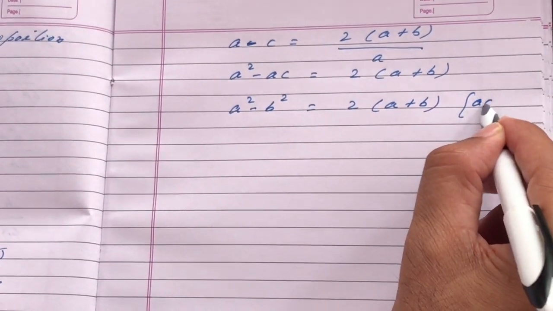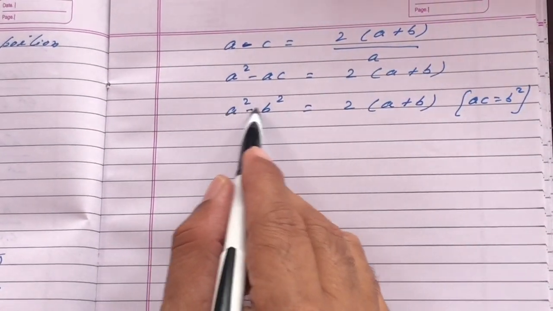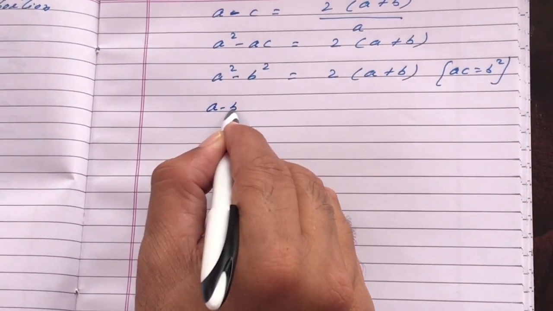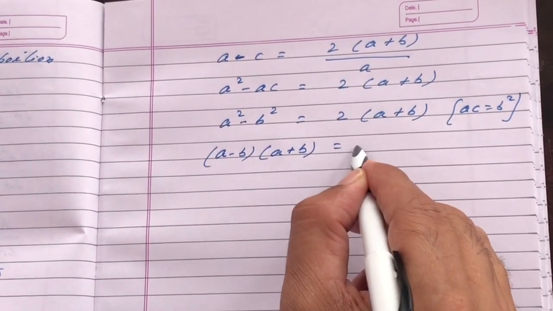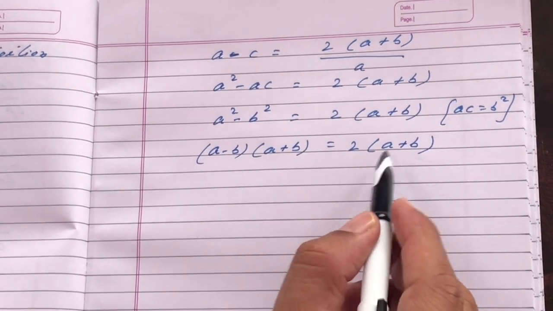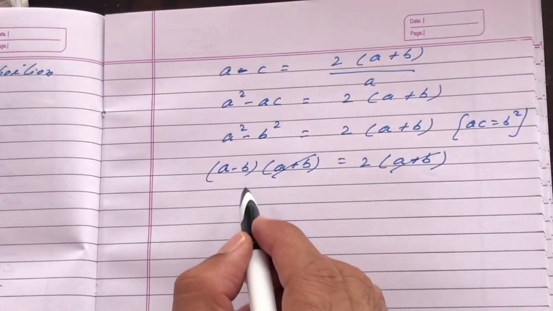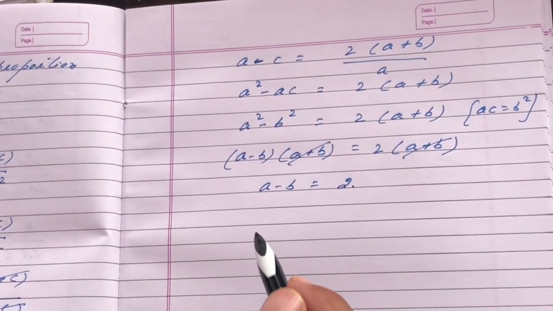You can write here AC is equal to B square. So A square minus B square is A minus B into A plus B is 2 into A plus B. So this A plus B will get divided here. So A minus B is 2.